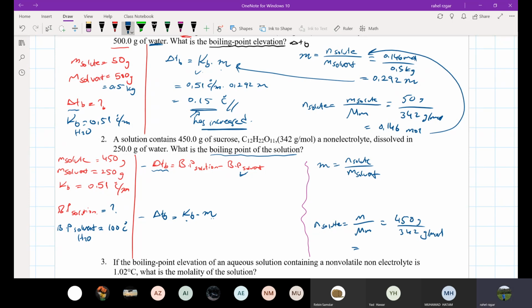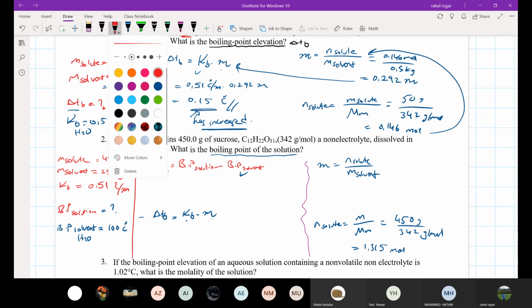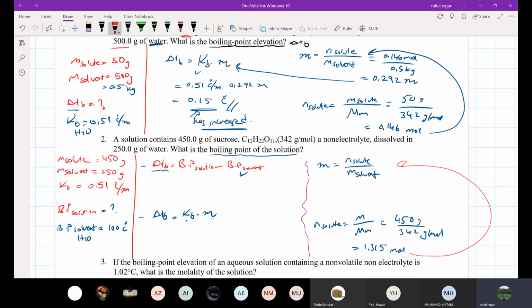450 divided by 342 is 1.315 mole. Now we put this here, and we get 1.315 mole divided by mass of solvent.